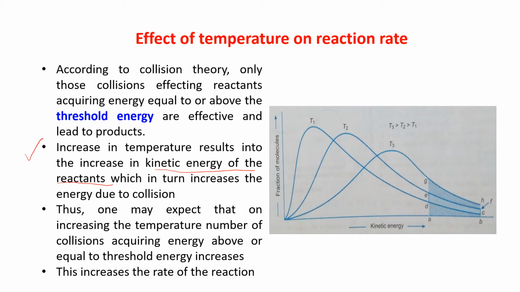So naturally more collisions will take place, and those collisions may cross the energy barrier, that is the threshold energy. So more effective collisions will take place in that way. Okay, so more product will form.